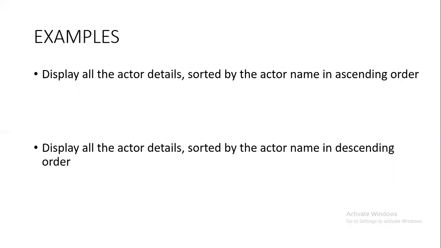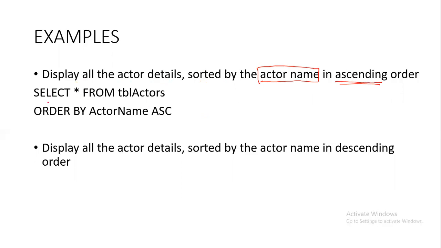So let's go straight into the examples and see how we make use of the order by to sort information in our table. In the first example, we want to display the actor details, and it should be sorted by the actor name, and they tell us it should be in ascending order. So that's fairly straightforward. I want to say select star from TBL actors.